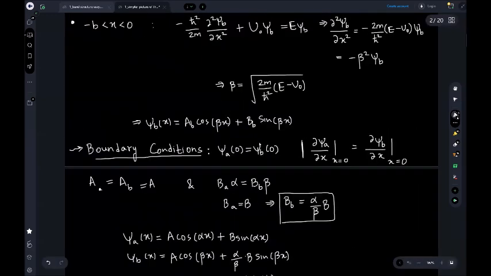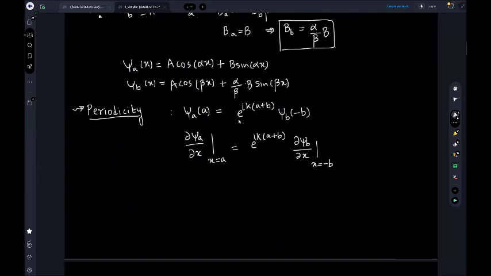But you may ask, what about this factor here, this exponential ik times A plus B? You just have to believe me for now, but this comes from something known as Bloch's theorem. You might look it up on the internet, or perhaps I'll make a video about it later as well.